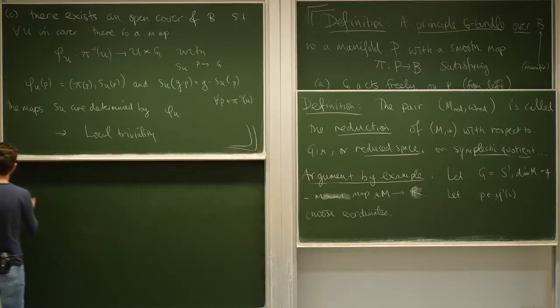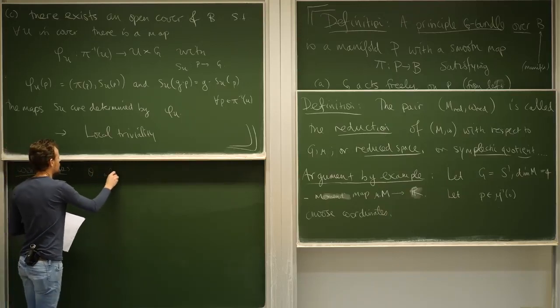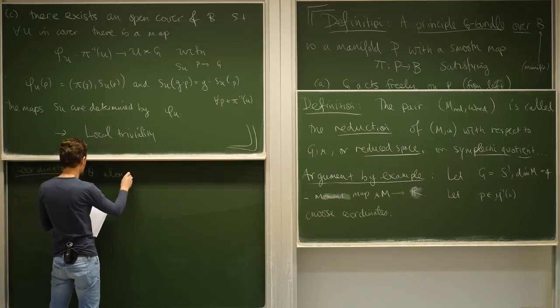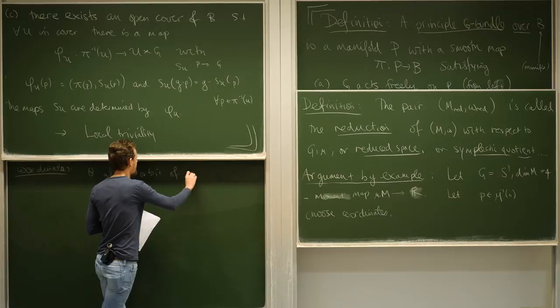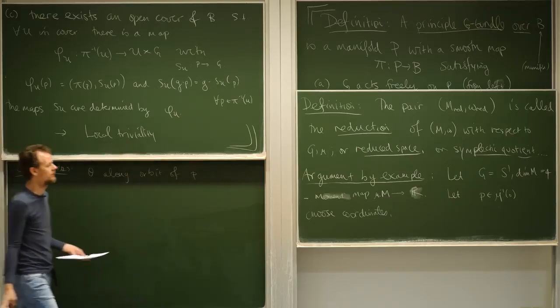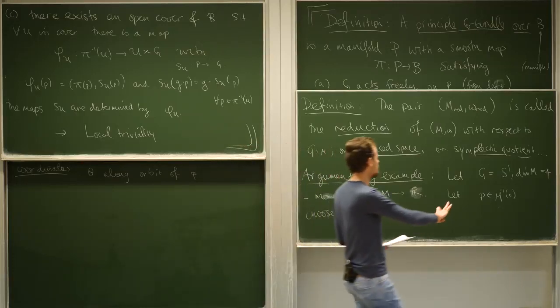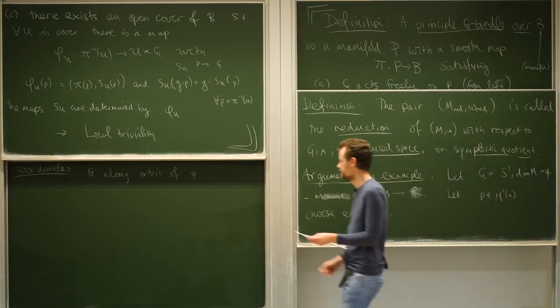So we choose a coordinate theta along the orbit of P. So P has some orbit under the action of the group S1. So this is some circle inside mu minus 1 of naught.